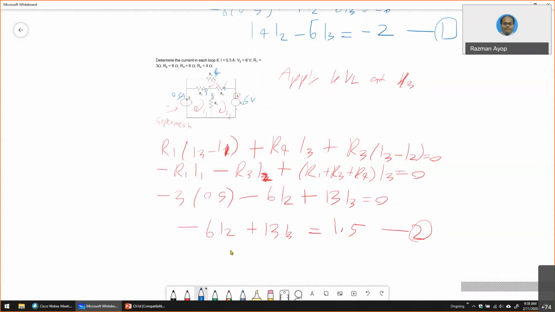Don't do it manually, because you don't have enough time, and you will not be given marks for the manual simultaneous equation. So just use your calculator. Don't forget to clear your calculator first before you insert the values.